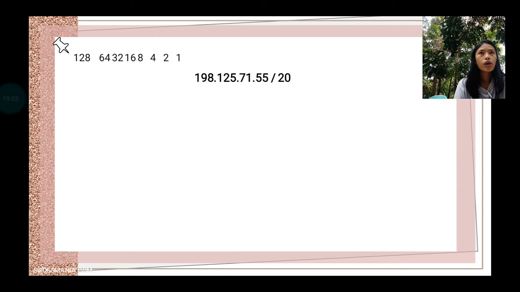And also, we have here our IP address 198.125.71.55/20. The /20 represents our subnet mask, since it represents how many bits our network ID must be.